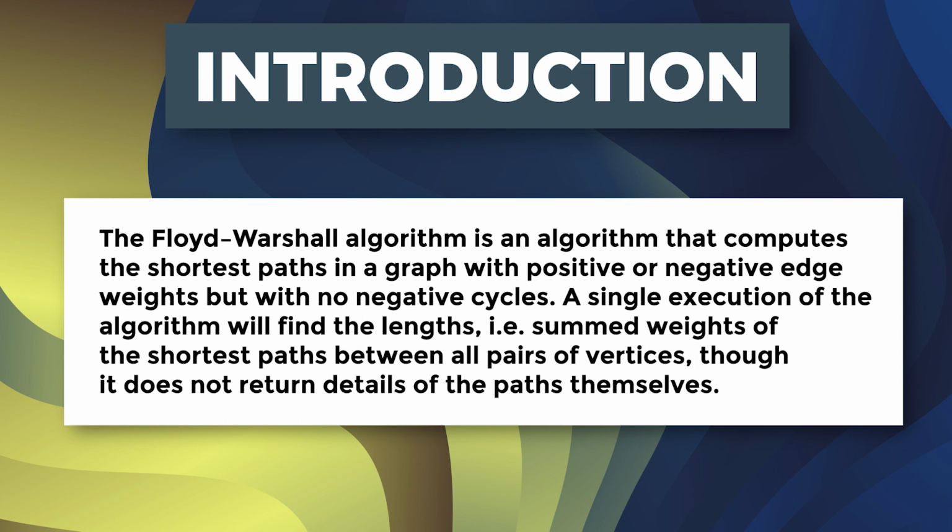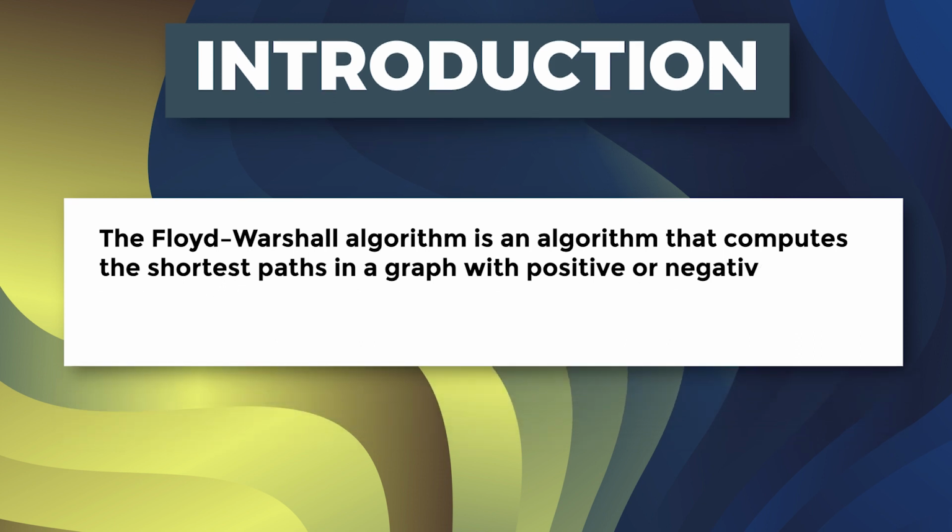You have to concentrate: if a cycle is created, you have to remove that cycle. A single execution of the algorithm will find the length, meaning the sum of weights, of the shortest path between all pairs of vertices, though it does not return details of the paths themselves.